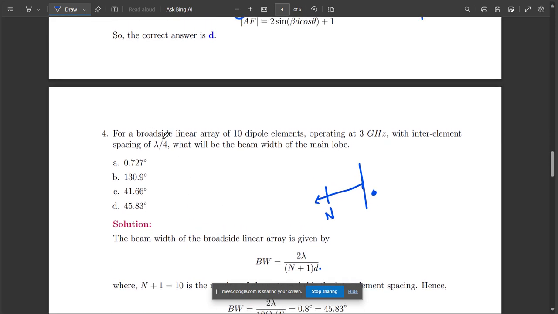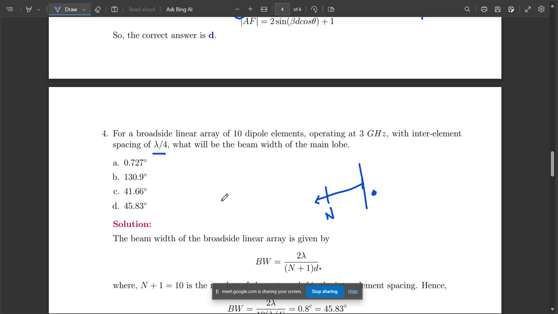Anyways, here for a broadside linear array of 10 dipole elements operating at 3 gigahertz with inter-element spacing of lambda by 4, what will be the beam width of the main lobe? 10 dipole elements are given in a linear array, operating at 3 gigahertz with inter-element spacing of lambda by 4.